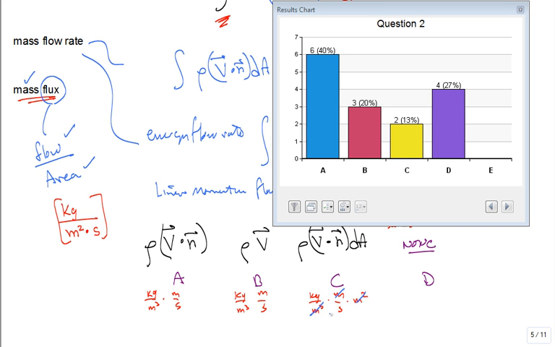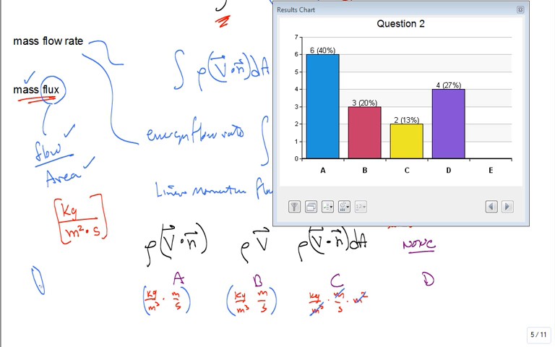All right. These have the same units. True? If it's a mass flux, it's a flow rate per unit area. Could I have an area that has no flow across it?